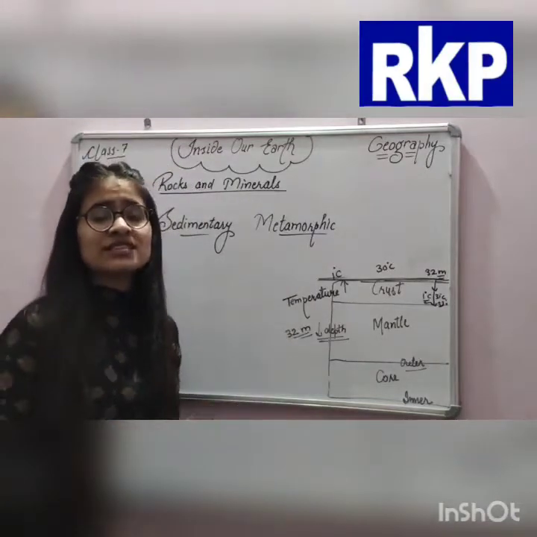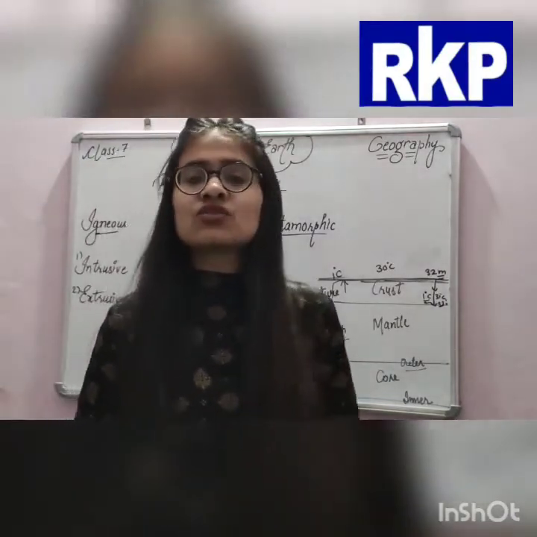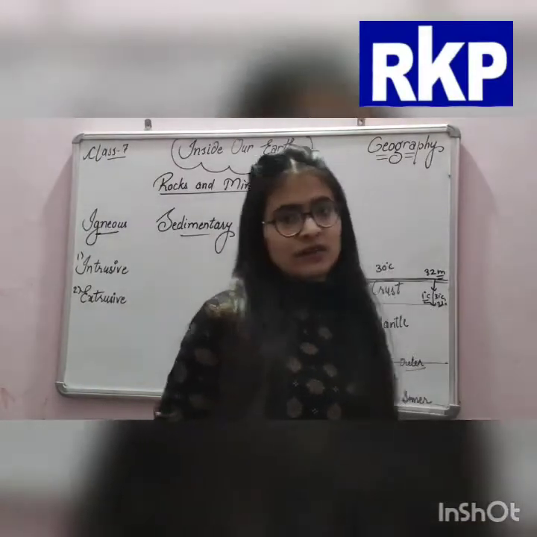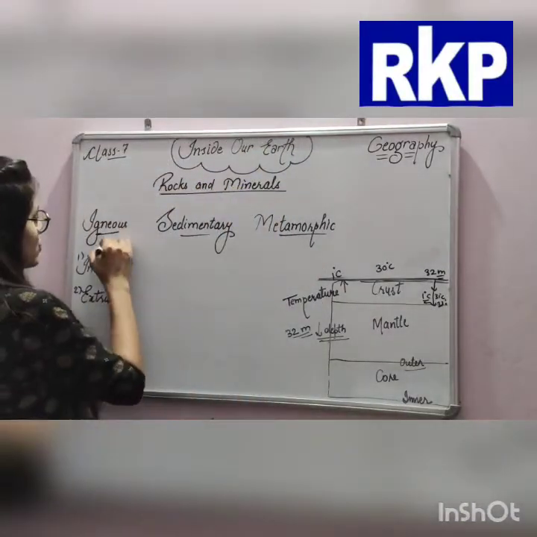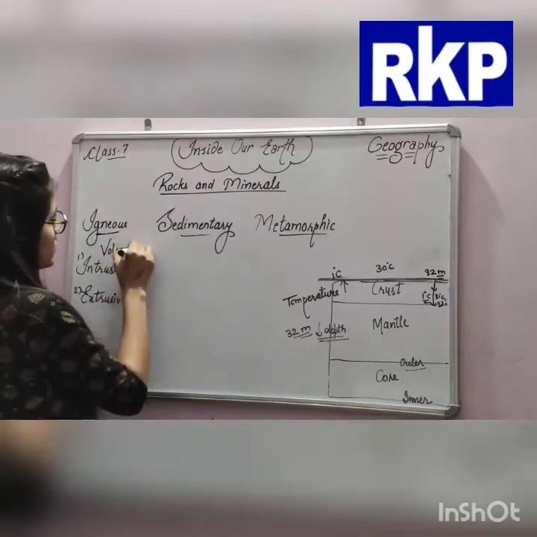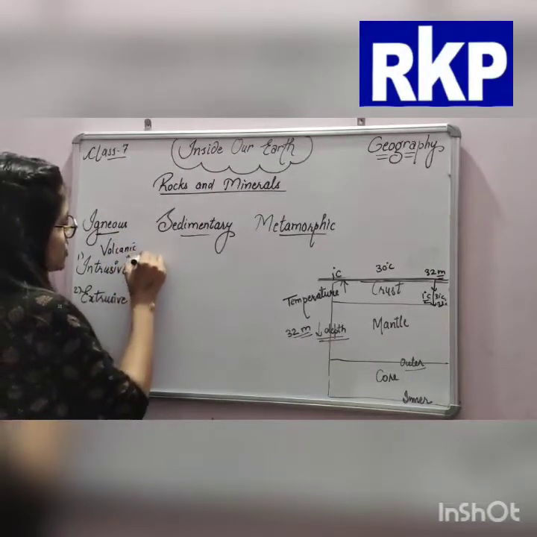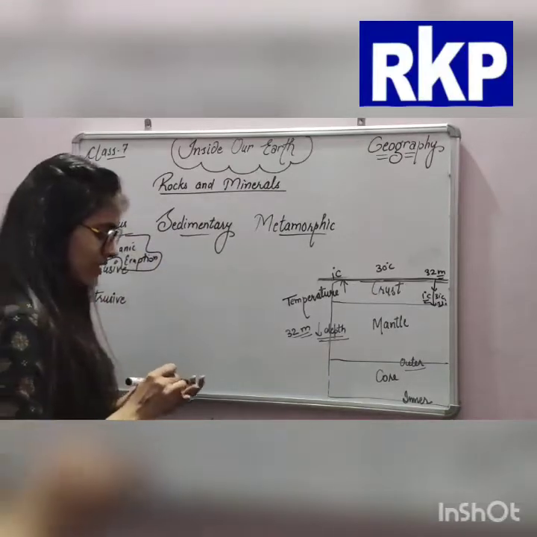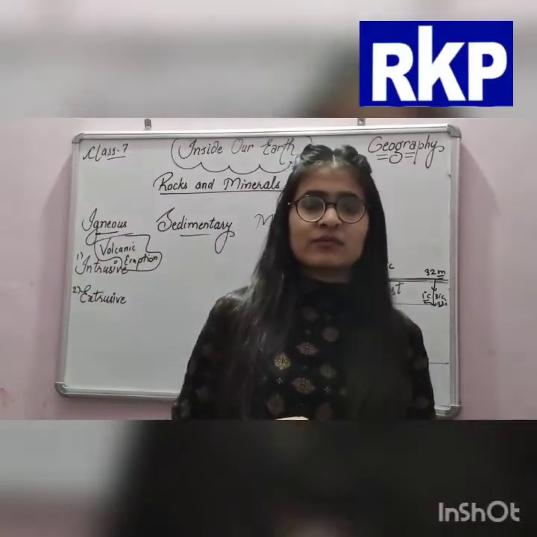First is igneous rocks. Igneous rocks are associated with volcanic eruption. So what is volcanic eruption?